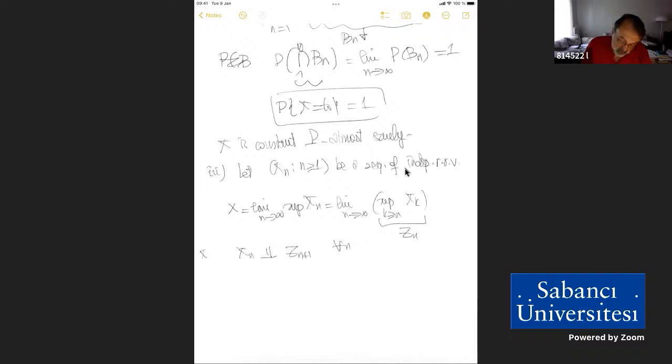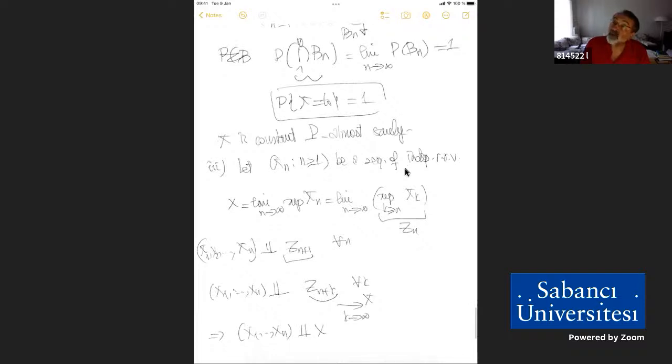And not only Xn, but X1, X2, all the preceding ones up to Xn, this set is independent of it for any n. This implies that X1, ..., Xn is also independent of Zn plus k for any k. As this goes to X as k goes to infinity, you find that X1, ..., Xn is independent of the lim sup X. This is for any n.